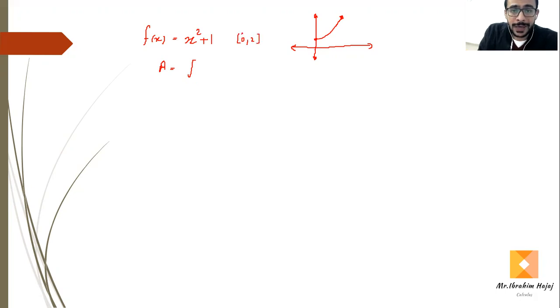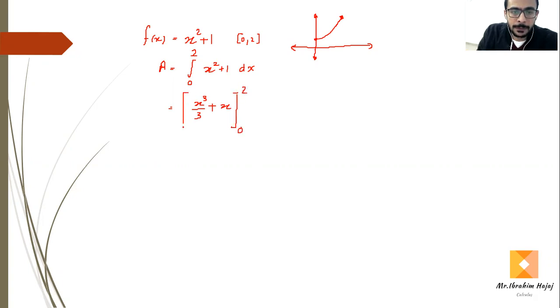So we can write the lower limit of the integral, which is 0, and the upper limit, which is 2, of the function x squared plus 1 dx. Then simply we add 1 to the exponent, giving x to the power 3 over 3, plus the integral of 1, which is x, and then we evaluate this from 0 to 2.